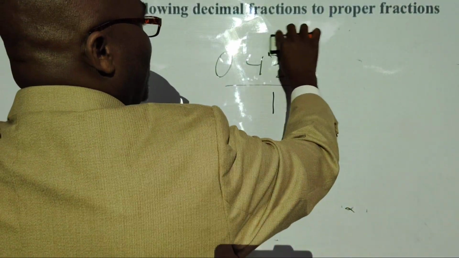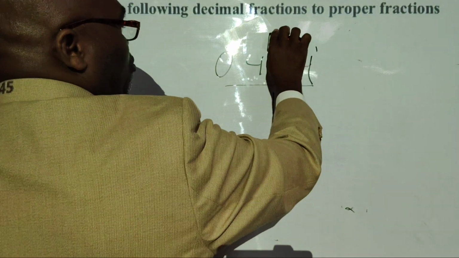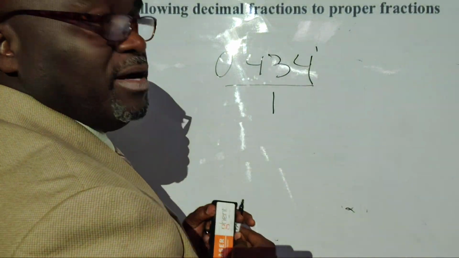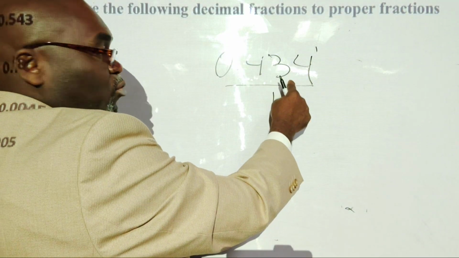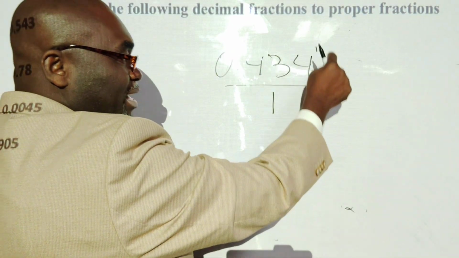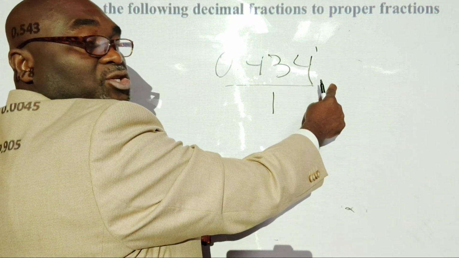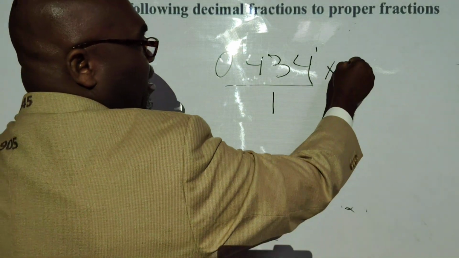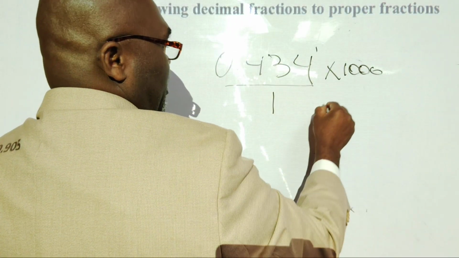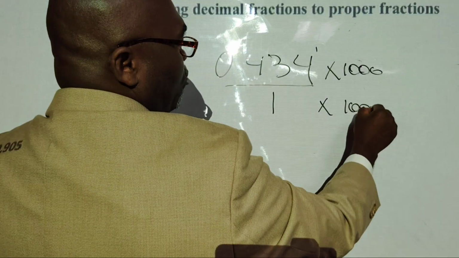But Mr. Ziba, why did you choose 1000 instead of 100? Because if I do 100, my decimal point is only going to move two places. We don't want that. We want the decimal to be cancelled, out of the picture. So since you have 3 digits, 1, 2, 3, you multiply by 1000 here, and here too, you multiply by 1000.